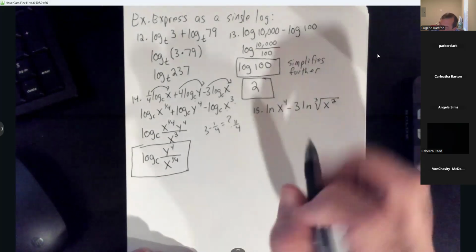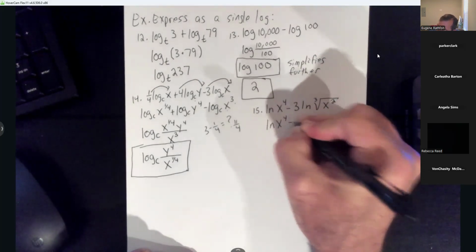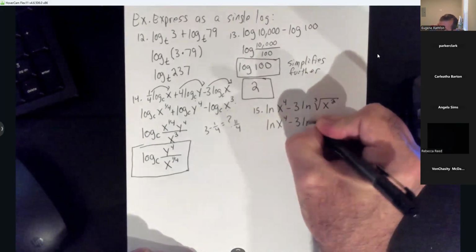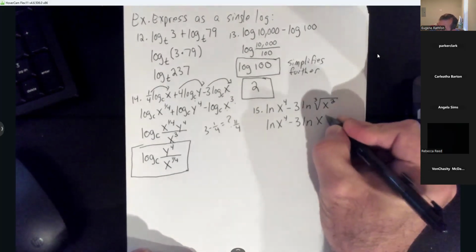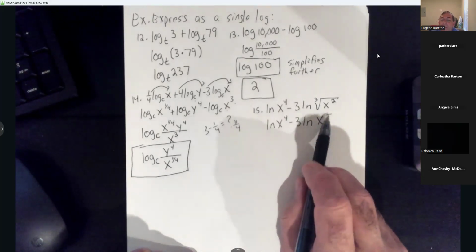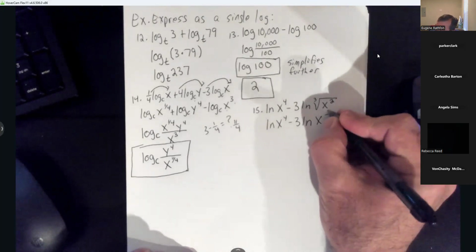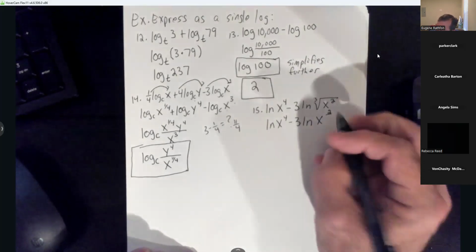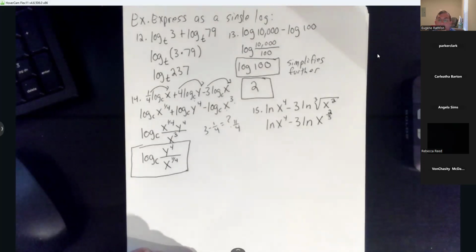So let me bring down that ln x to the fourth minus 3 times ln. So let me see, the base is the x. So this fractional exponent, since the x has a 2 by it, 2 will be the top number. And then the bottom number would be the index of the radical, which is a 3.